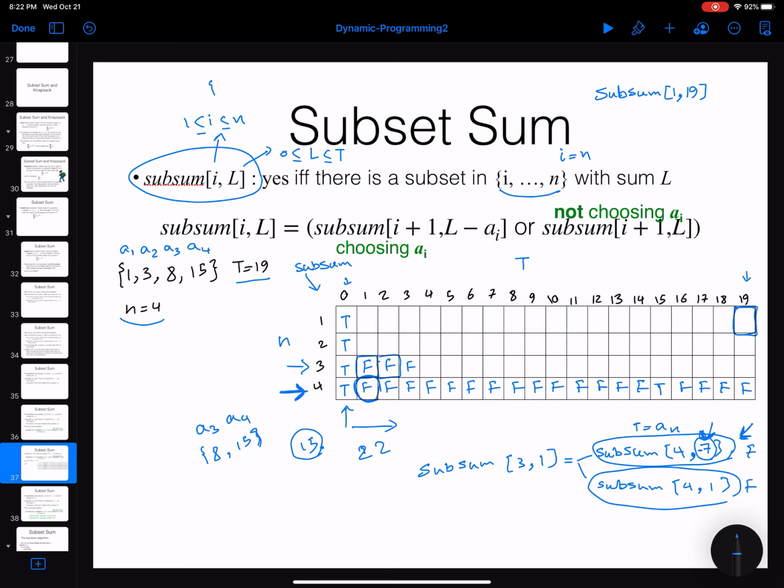So this is coming from either this cell or again the target is going to be 4 minus 8, which is going to be negative, right? So all of these cells until 8 are going to be false.